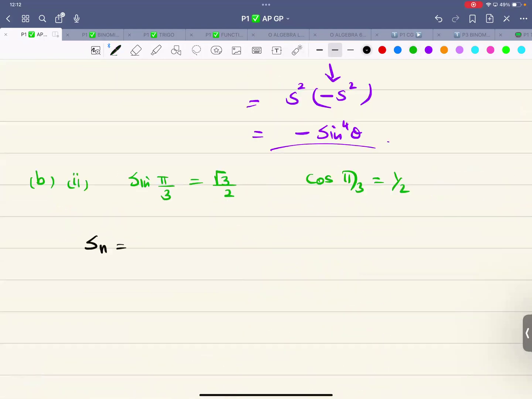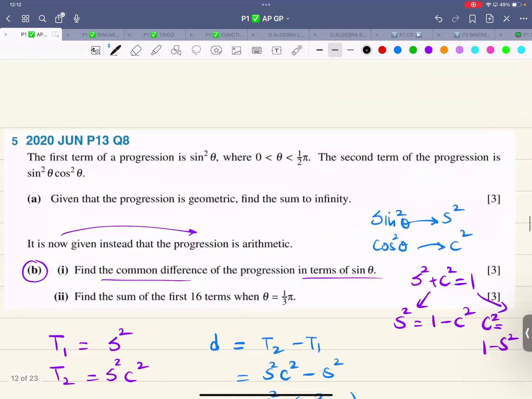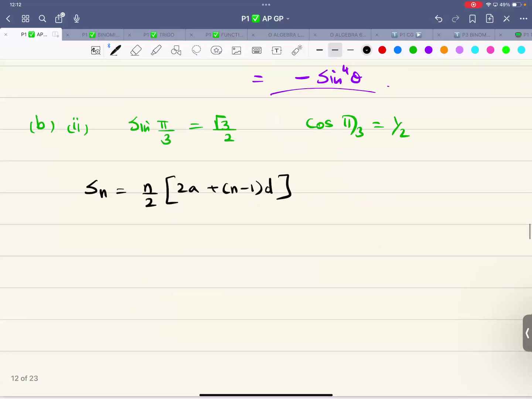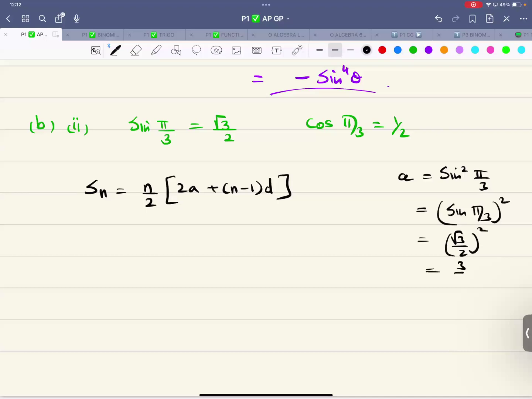Sum of n terms is n divided by 2, 2a plus (n minus 1) into d. Now, what is a? a is sine squared theta. So a is sine squared of pi by 3, that means sine of pi by 3 whole squared. That is root 3 over 2 whole squared. That comes out to be 3 over 4.